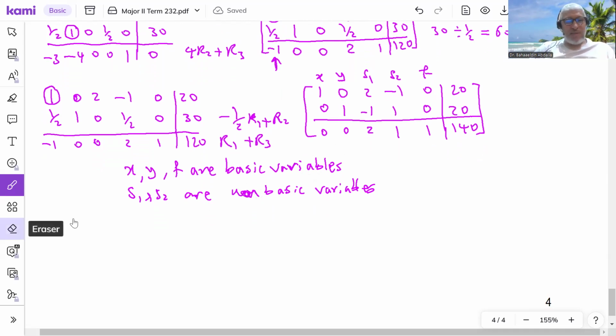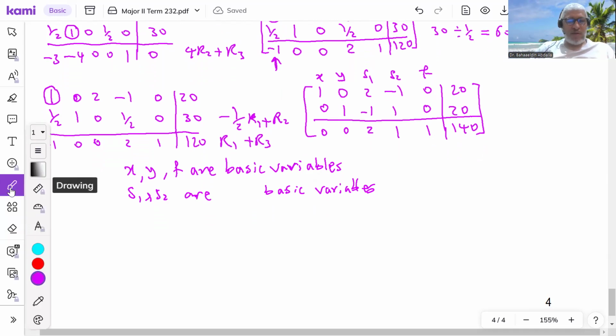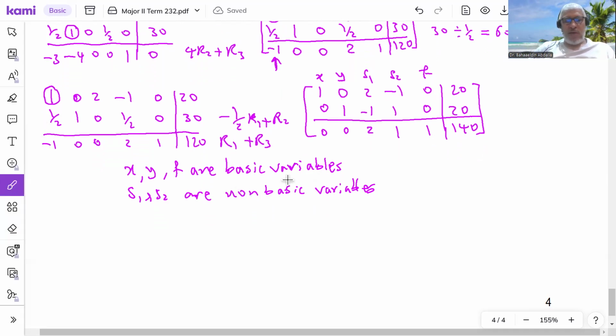So write the first equation. If I ask you to write the first equation here, you have what? X, 0 times Y, plus 2S1 minus S2 plus 0 times F equals 20.